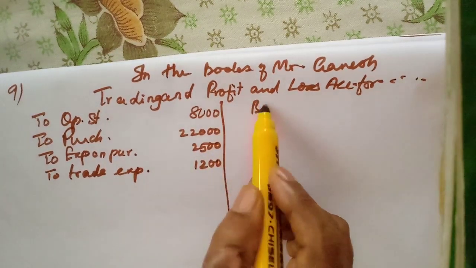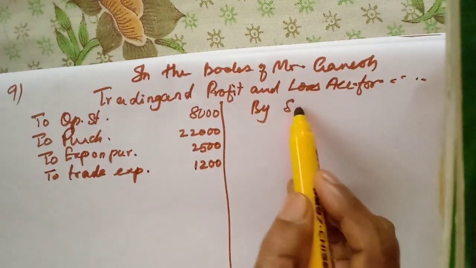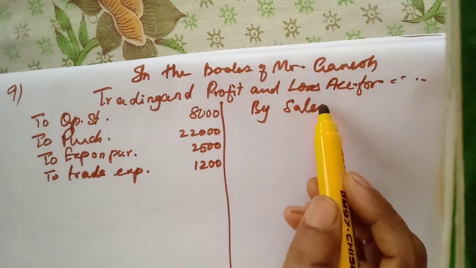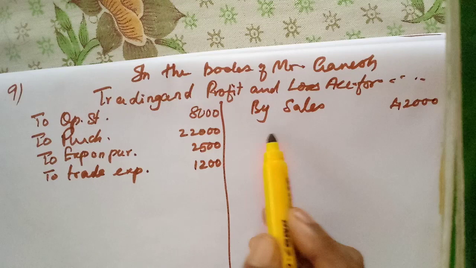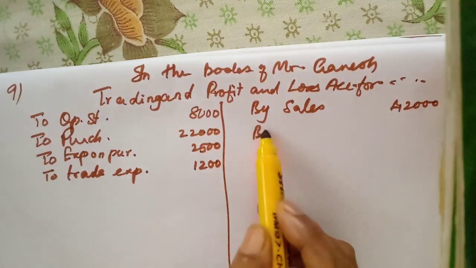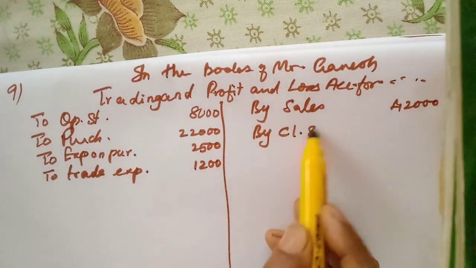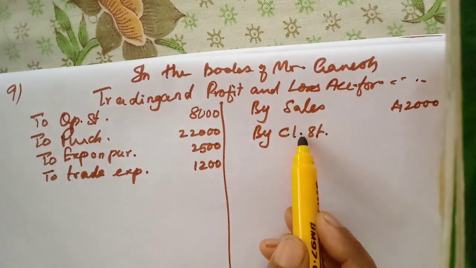Then credit side, by sales, 42,000. No returns. Then closing stock, outside the columns given.